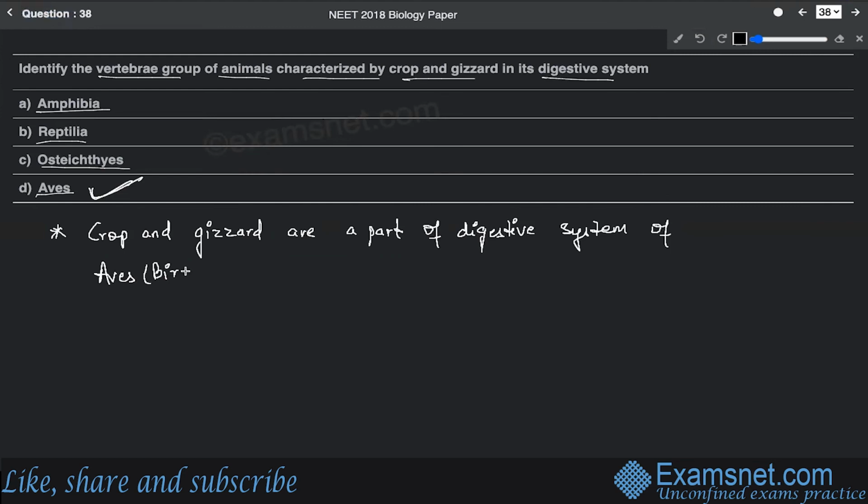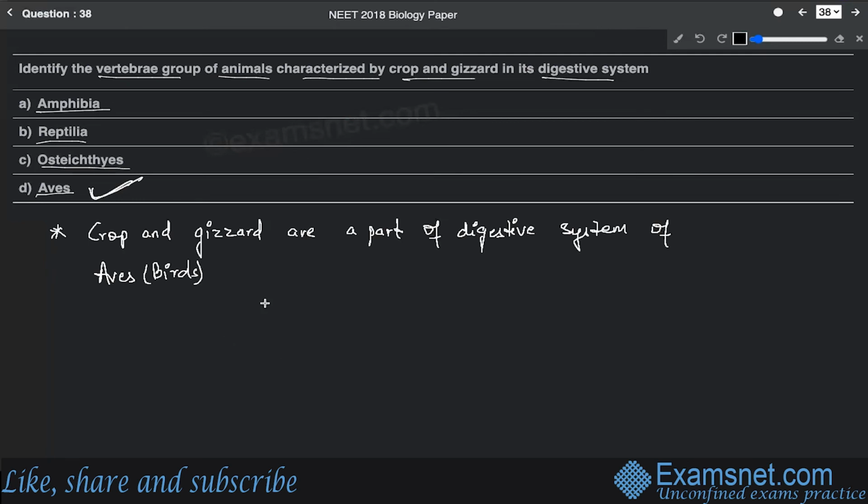All right, and you might also be knowing this fact as well, that these crop and gizzard, they are also found in the insects category, and that too in the cockroach category as well. So they are also found in the digestive tract of the cockroach as well.